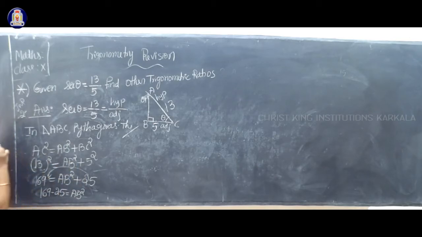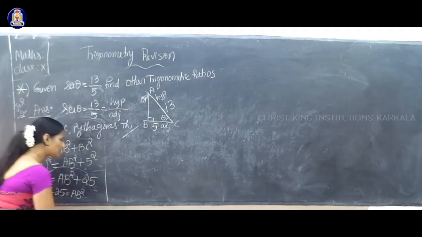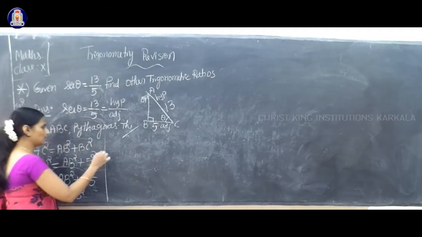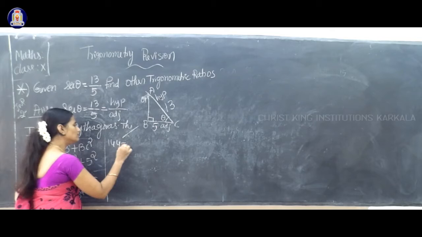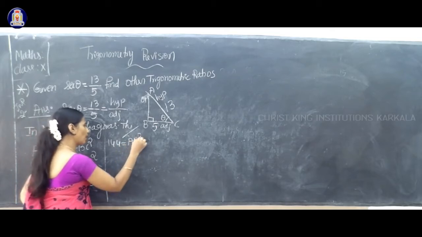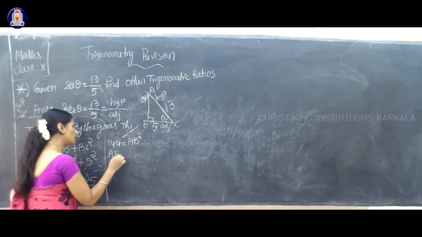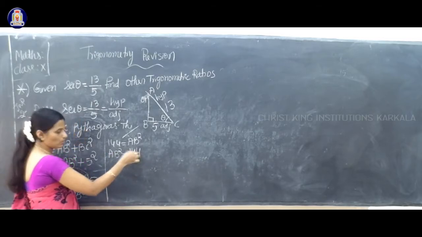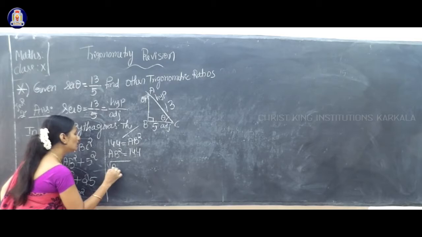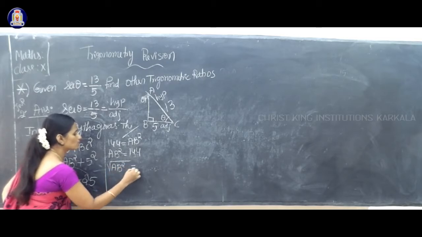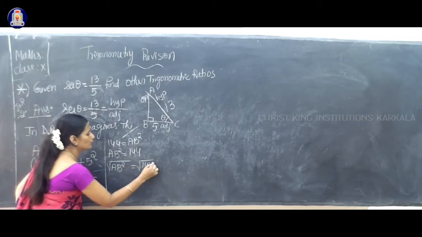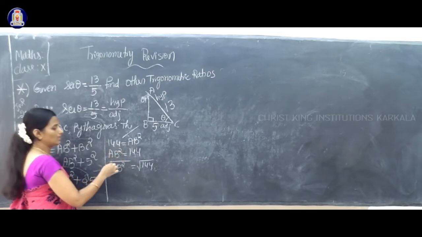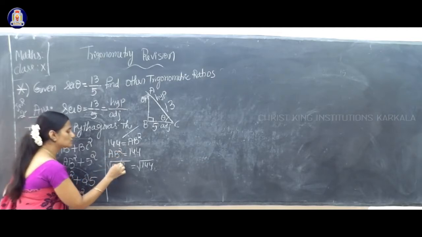So 169 minus 25 is 144, which is equal to AB square. How to remove the square? By taking the square root. Square and square root cancel.